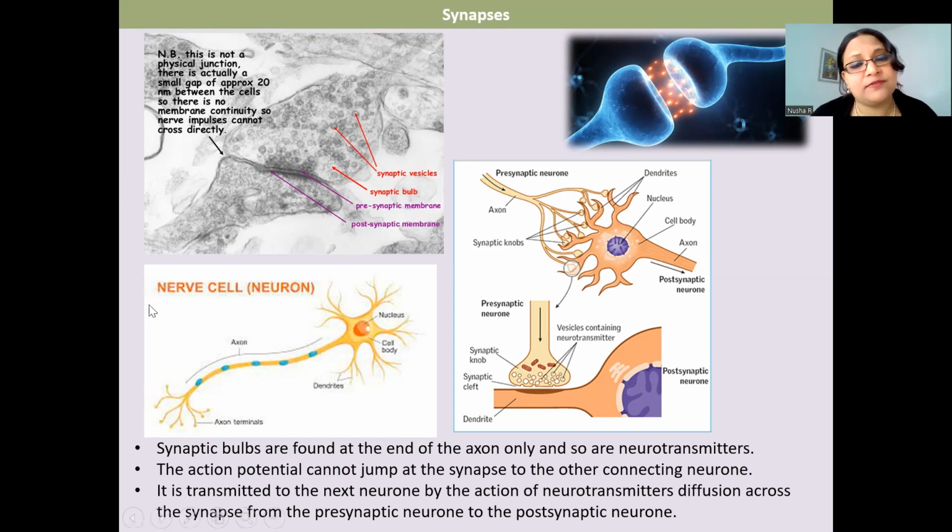So the synapses fatigue actually because the neurotransmitters can't be released anymore. We've used up all the neurotransmitters. So this protects muscles from overstimulation.